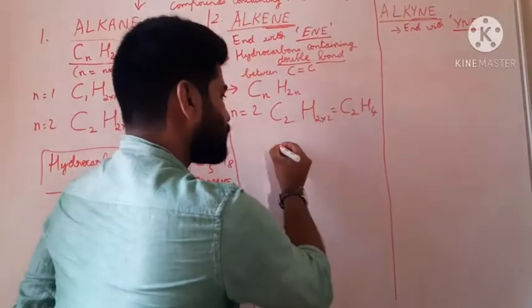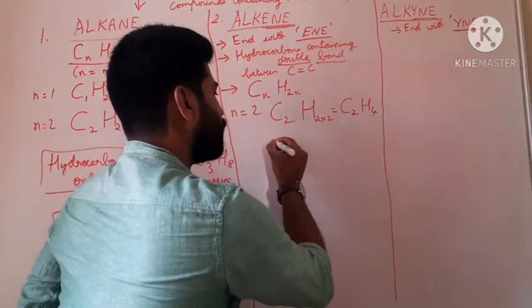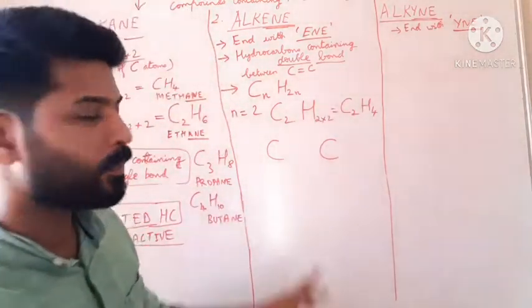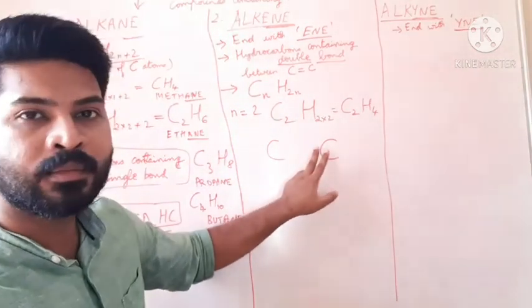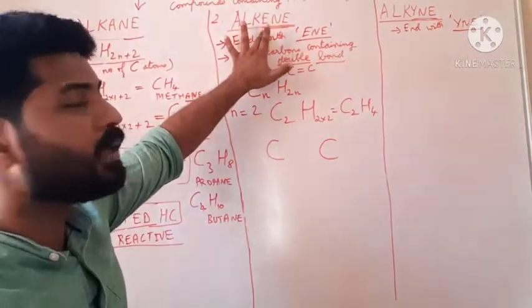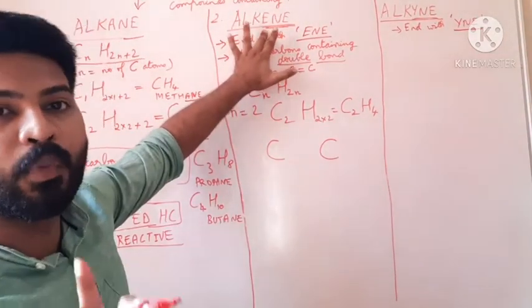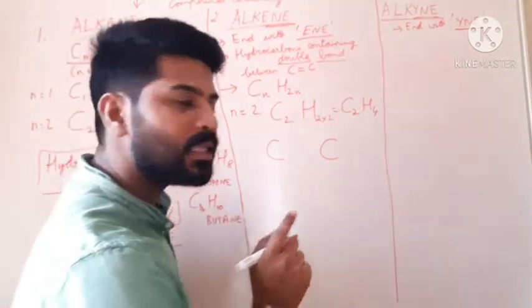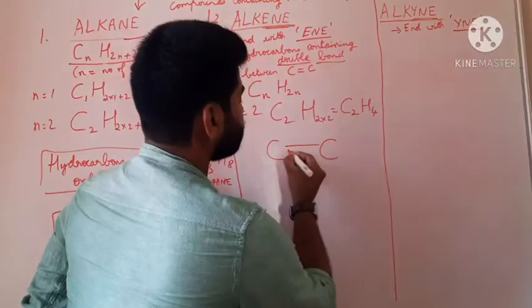Let us write the structural formula. Two carbon atoms written in a straight line. Second important point, because it is an alkene, you need a double bond. In alkanes we put a single bond. In alkenes we put a double bond.